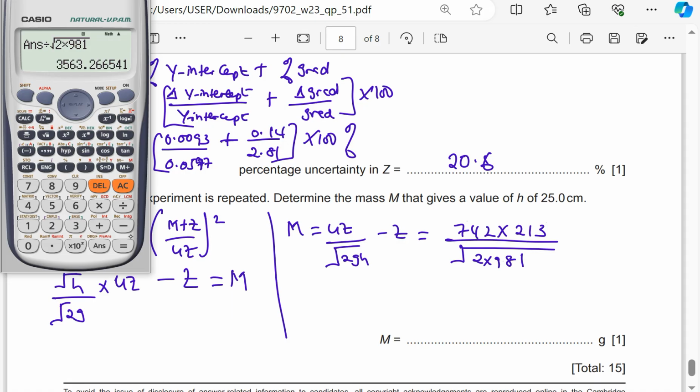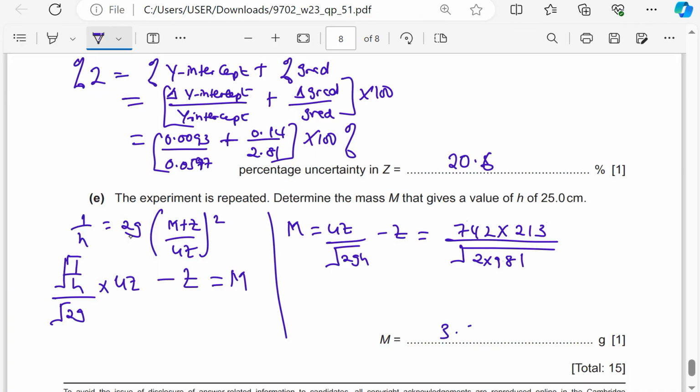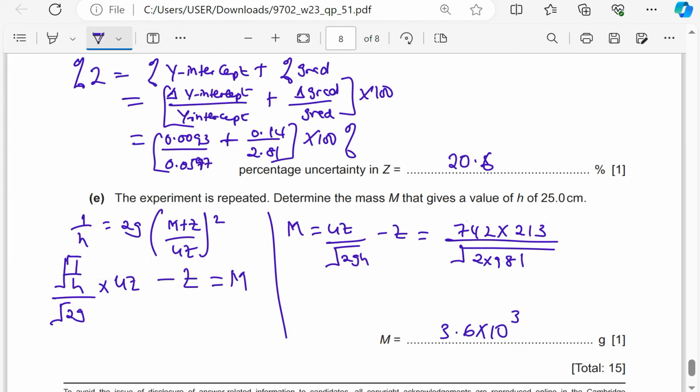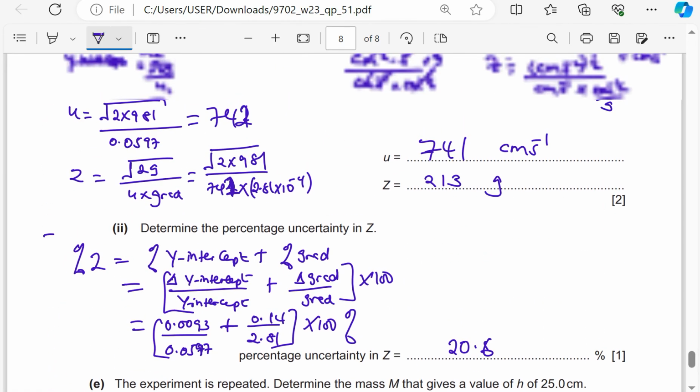Yeah, so that is going to be 3.6 times 10 to the power of 3 grams. Okay, of course, these are just rough answers as long as you get the method correct. So that will be the final mass in grams.